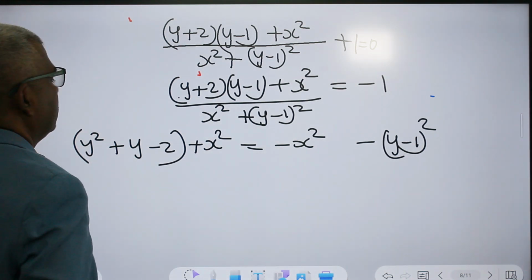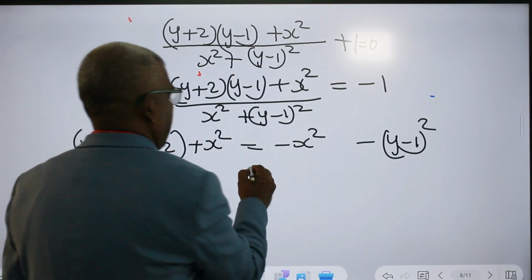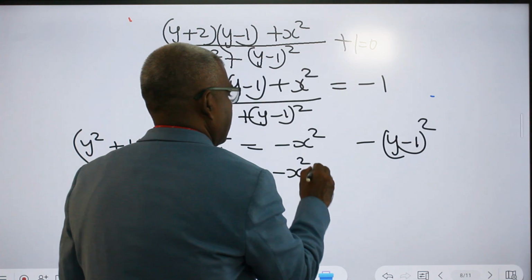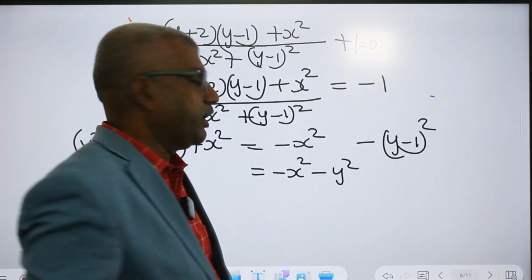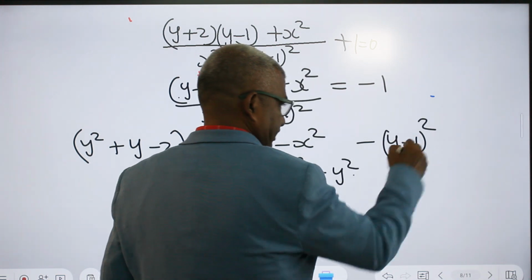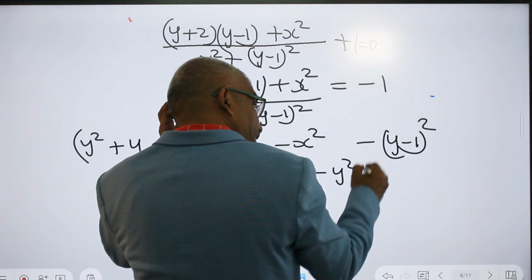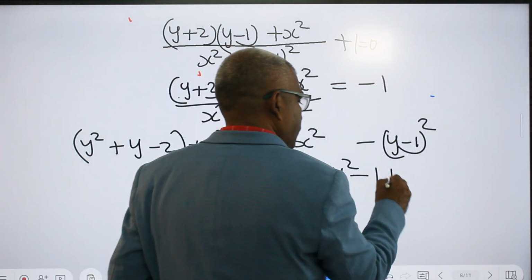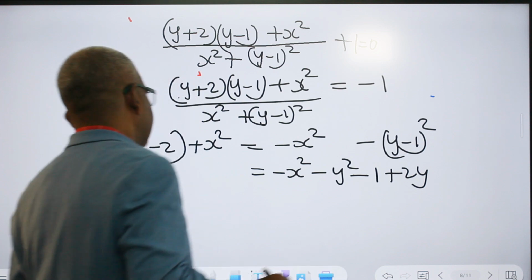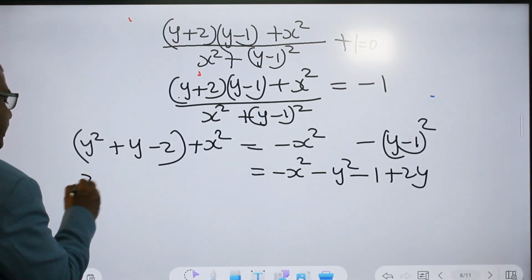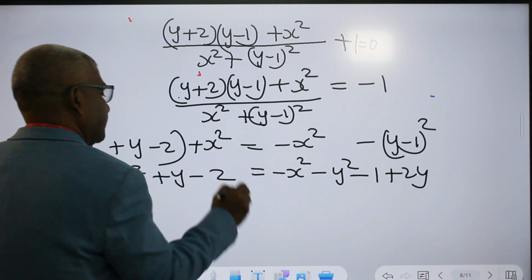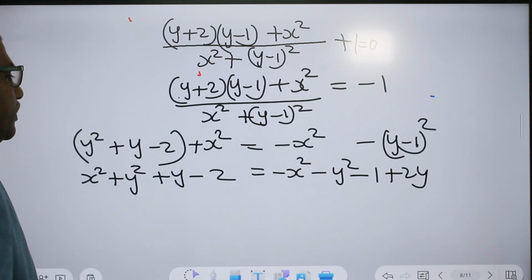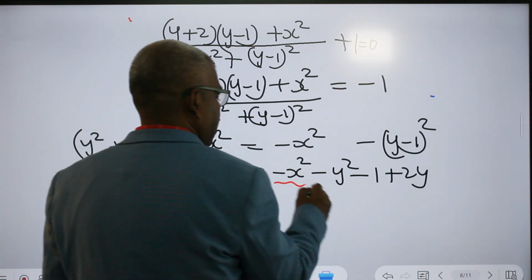Okay, this one if we expand, minus x squared minus y squared plus 1 minus 2y will come. Now everything bring it to one side.